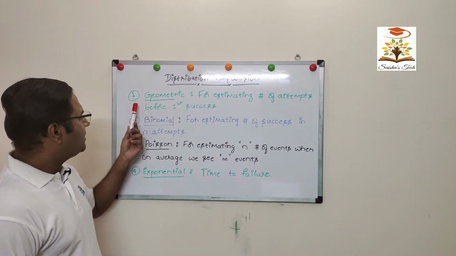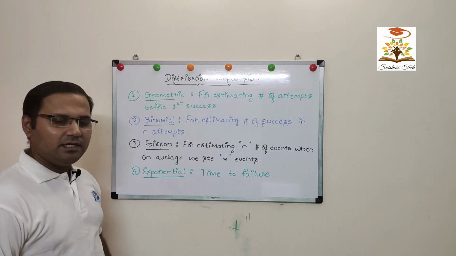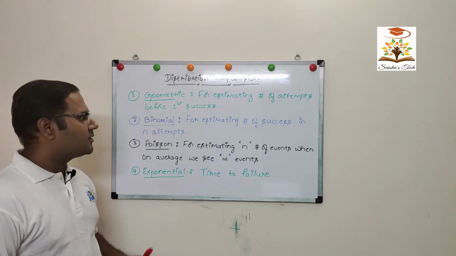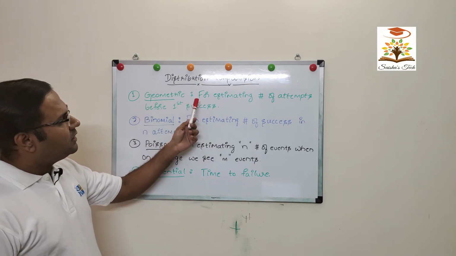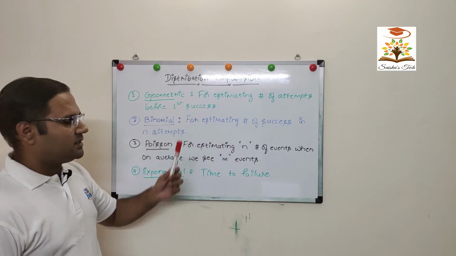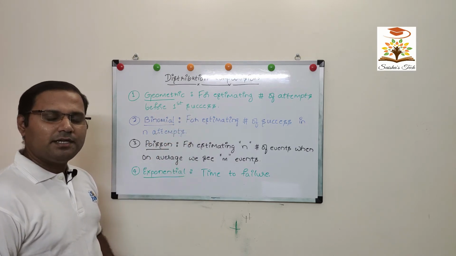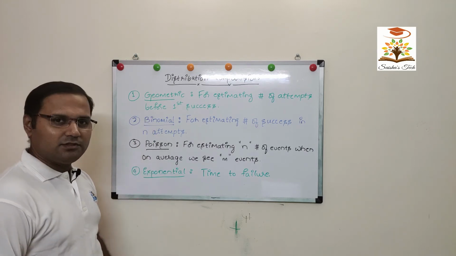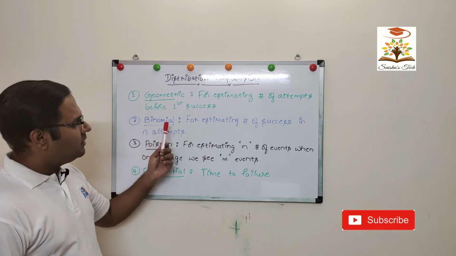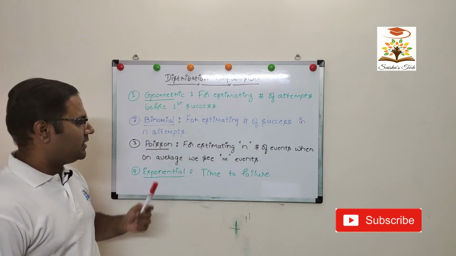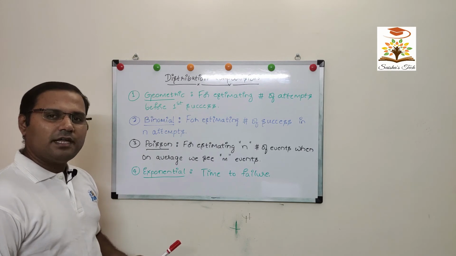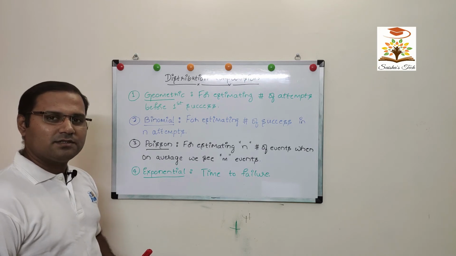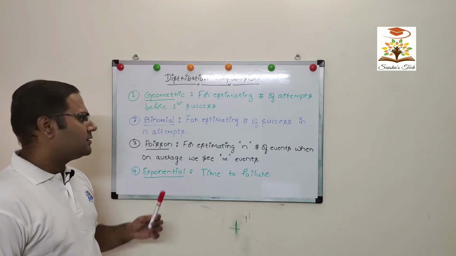Now let us compare exponential distribution with other distributions and understand where we can use each of them. Let us compare geometric, binomial, Poisson's and exponential and understand in which cases which distribution we can use to analyze. Geometric distribution is for estimating the number of attempts before first success. Binomial is for estimating the number of successes in n attempts. If we have 10 attempts and want to know the probability of success, we can use binomial distribution.